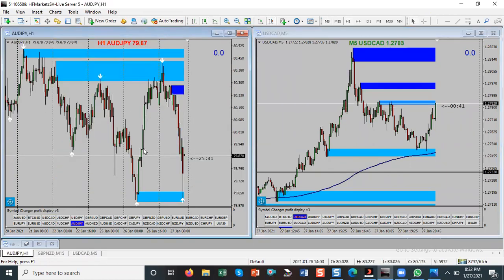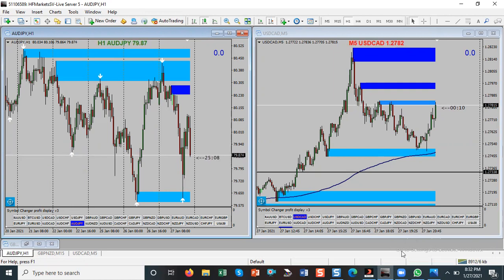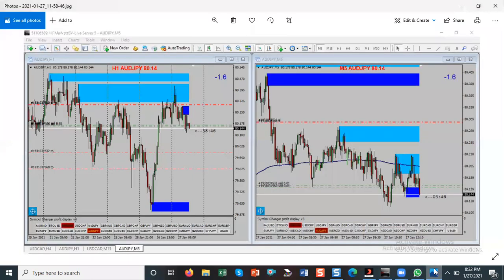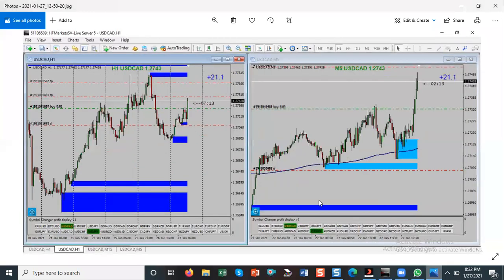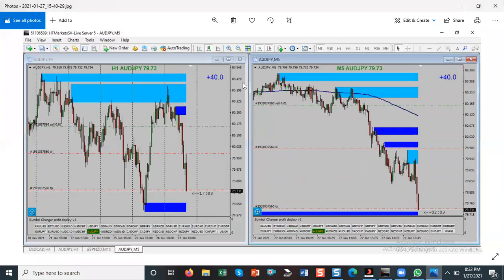So first take profit was somewhere here. It hit our first take profit before it came back to hit our second take profit. The second take profit gave us 40 pips. Look at it, this is the second take profit, 40 pips.